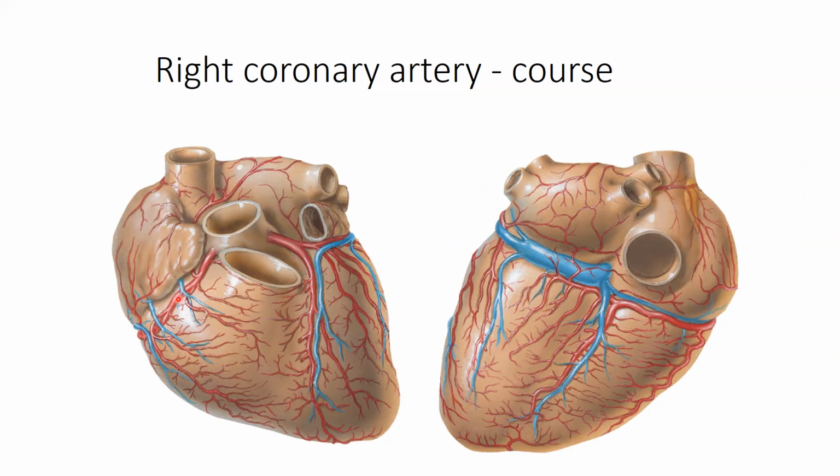It passes downward in the AV groove, the atrioventricular groove, until it reaches its inferior border before it passes posteriorly to supply the posterior part of the heart.